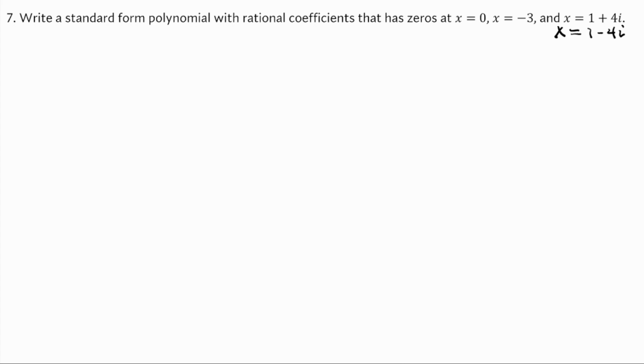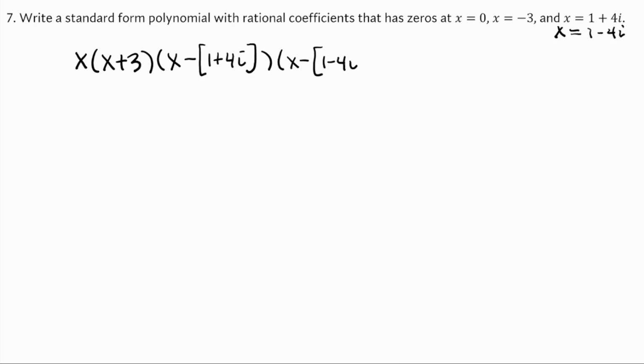Okay. So the factors, it didn't say anything about the leading coefficients, so I'm just going to say x minus 0 times x minus negative 3 times x minus 1 plus 4i times x minus 1 minus 4i. And then I'm just going to multiply this all out.